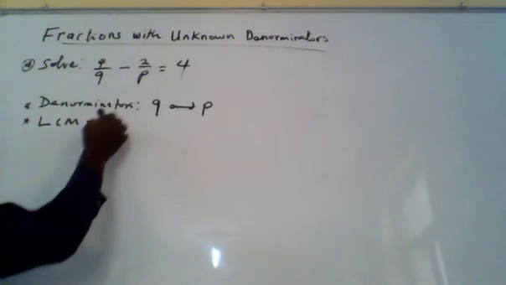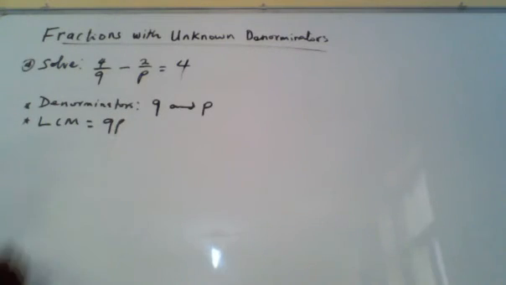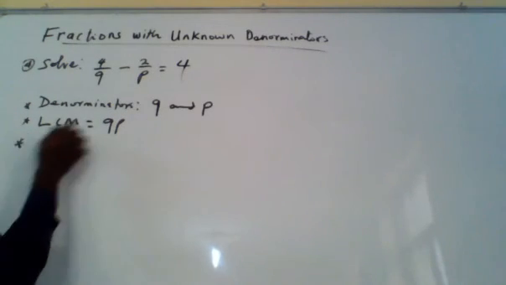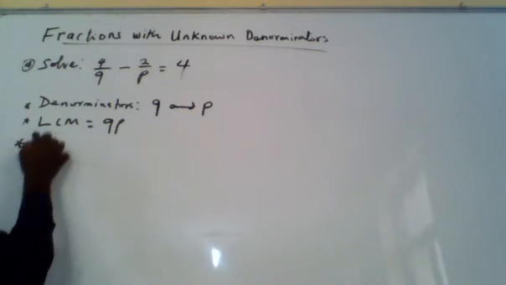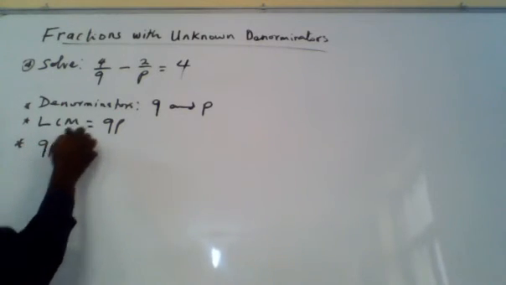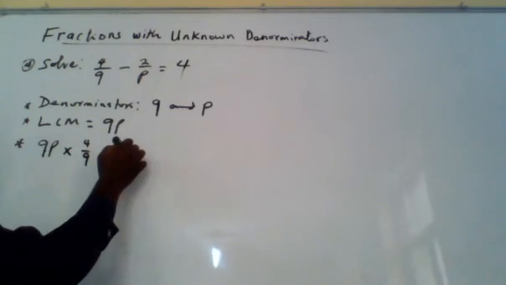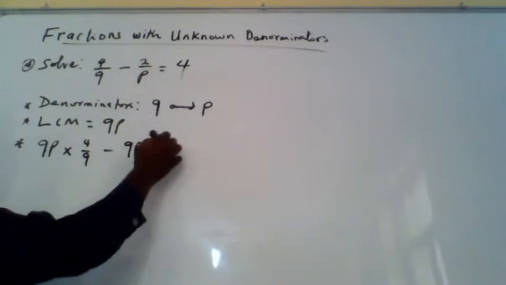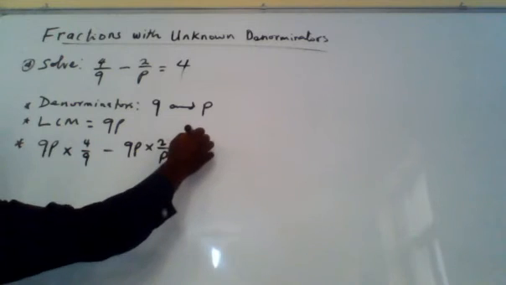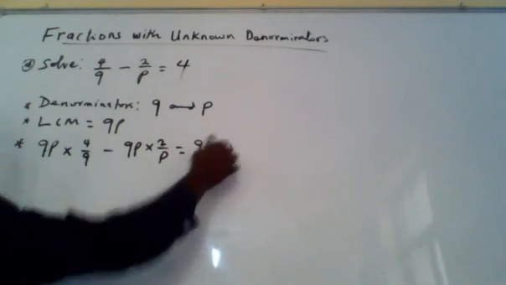LCM equals 9p, and then you multiply each term by 9p. 9p times 4 over 9 minus 9p times 2 over p equals 9p times 4.